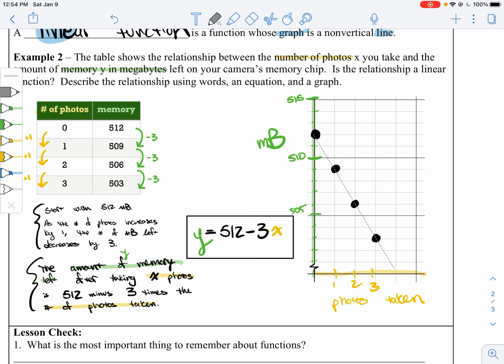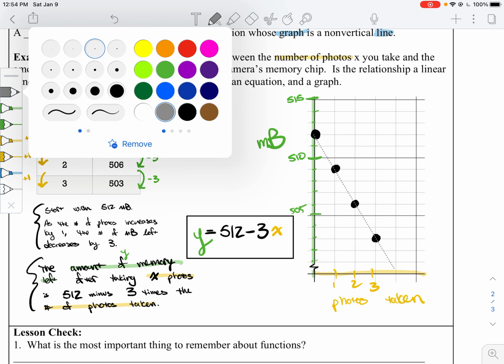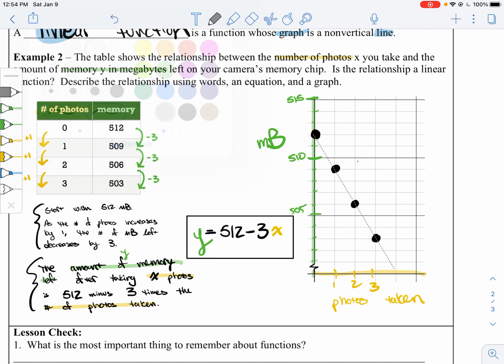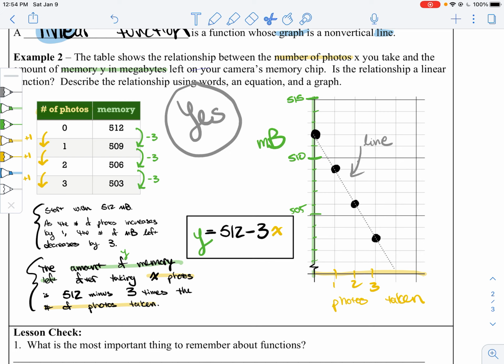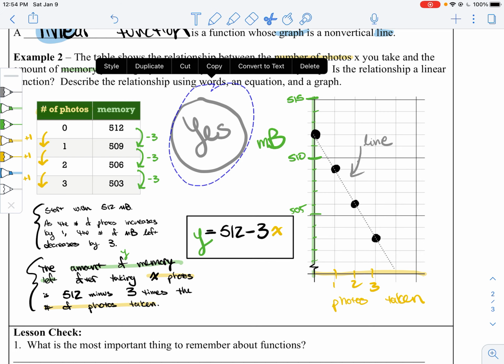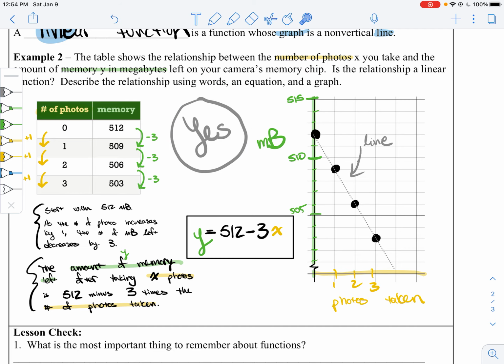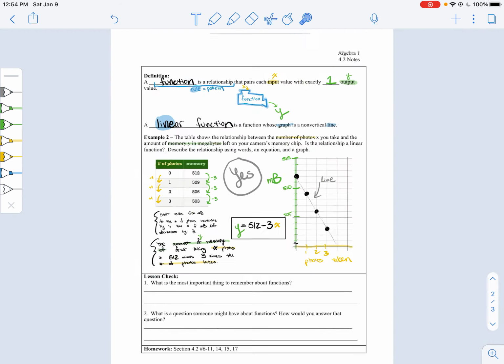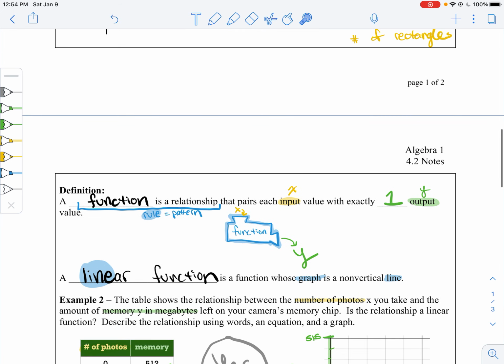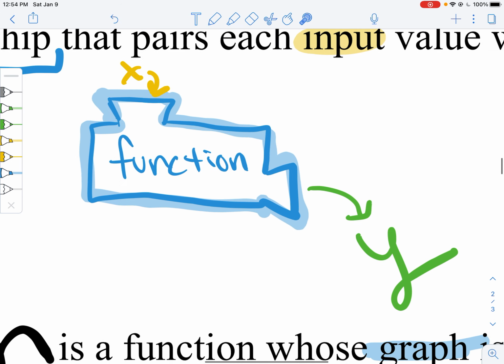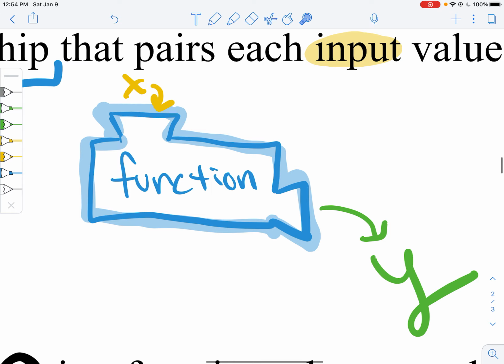So yes, since the points make a line, this is linear. Done. In order to be a linear function, they need to have all the points line up in a line. Remember, x goes side to side, y goes up and down. A function is a rule. Ta-da! All right, well, have a great time on your homework.